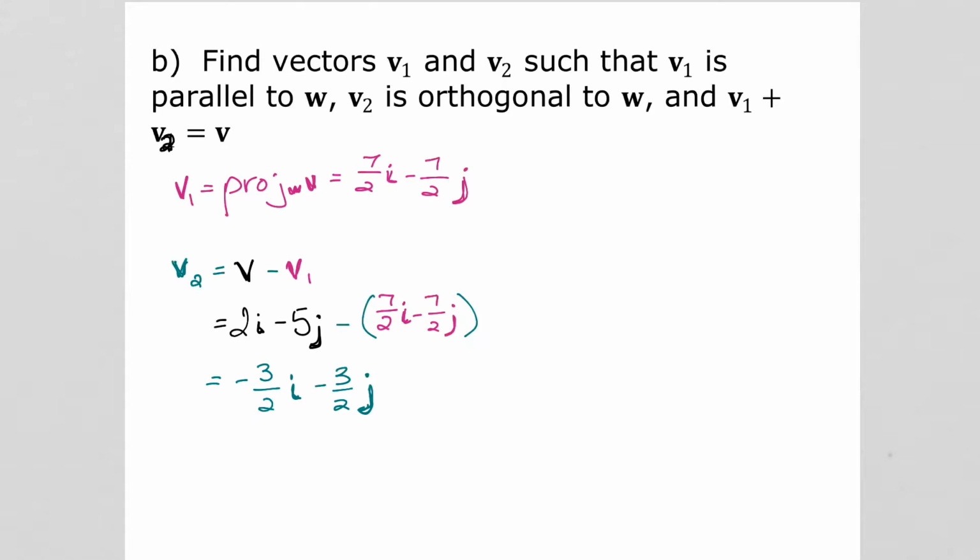So v sub 2 is negative 3/2 i minus 3/2 j, and v sub 1 is 7/2 i minus 7/2 j. And those are the two vectors that we have found, such that v sub 1 is parallel to w and v sub 2 is orthogonal to w.